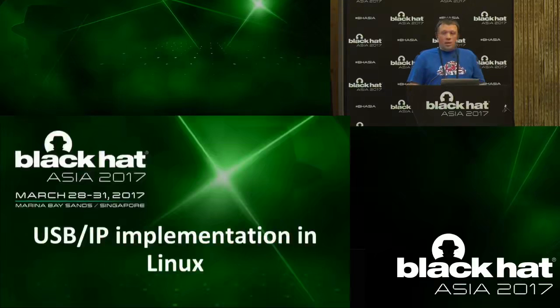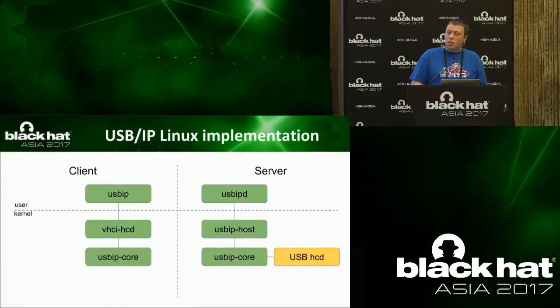Particularly in Linux, here are the components which implement USB IP. We see client and server there. The components are represented in green. On the server side, you see a user space daemon called usbipd, and it communicates with two kernel modules called USB IP host and USB IP core.